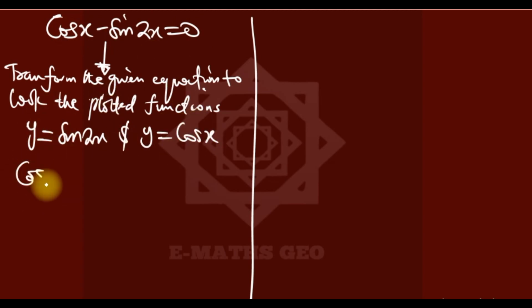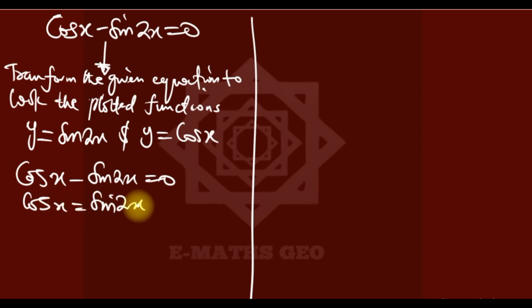So let's start. We have cos x minus sine 2x equal to 0. Moving this to the other side, we have cos x equal to sine 2x. And what's the meaning of this?